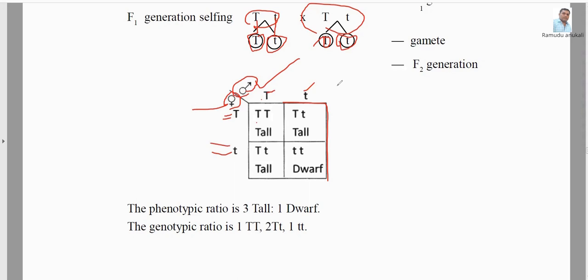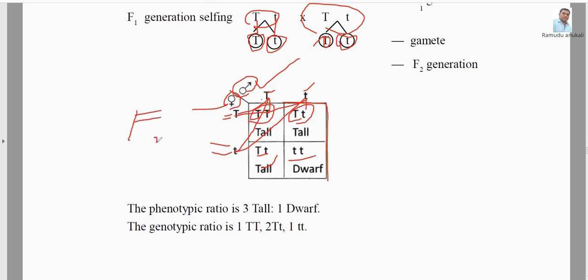So when we cross after taking the Punnett box, capital T, capital T: all are tall plants only. Capital T, small t: all are tall plants only. Capital T, small t: tall. Small t, small t: dwarf. So what happened in the F2 generation?